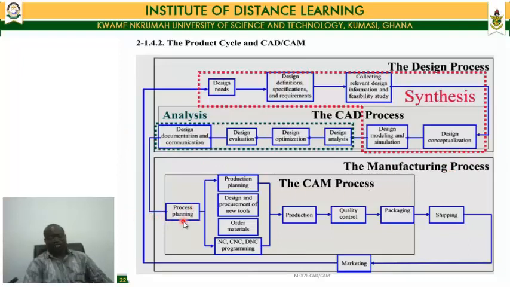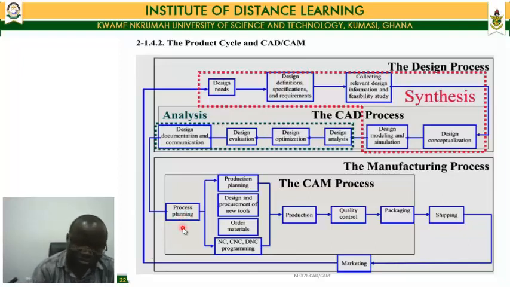The manufacturing process will begin with a process planning activity, where production planning will take place, design and procurement of new tools, other materials. You do NC, CNC, DNC programming if required, before you move on to production. And in all these cases, you are in the manufacturing process.